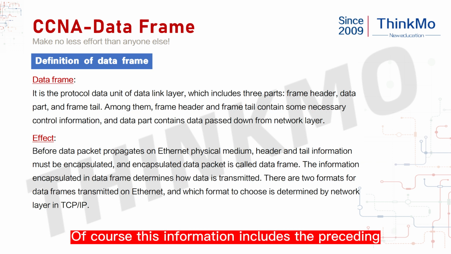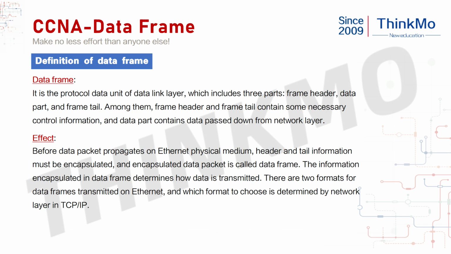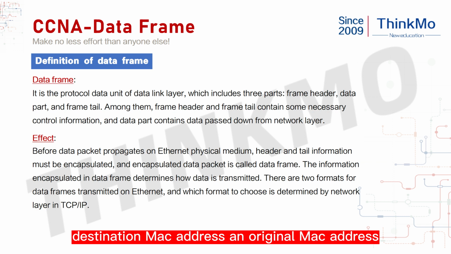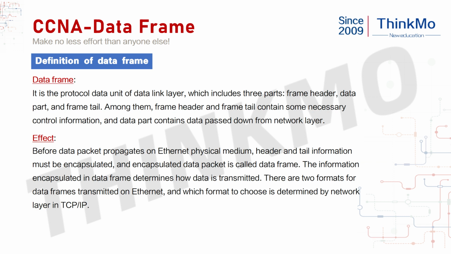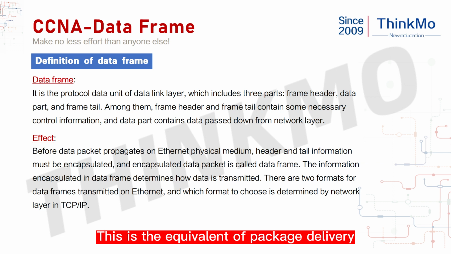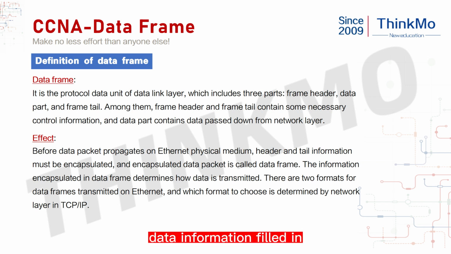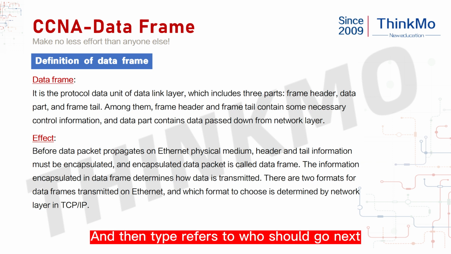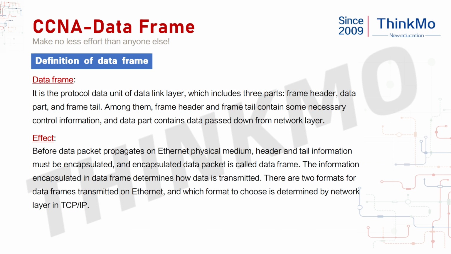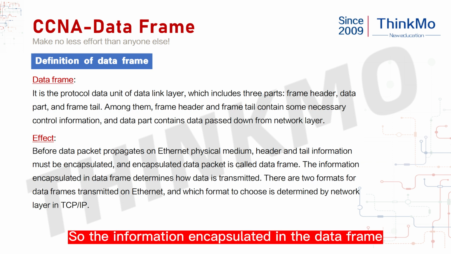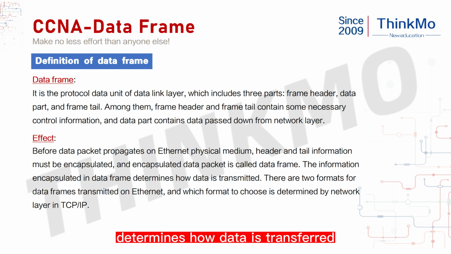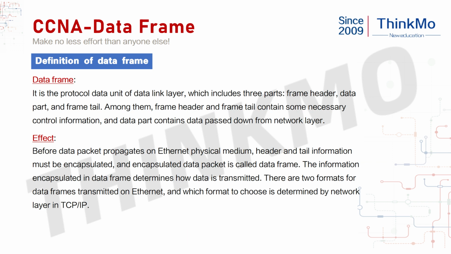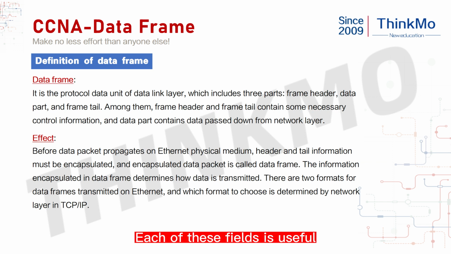Of course, this information includes the preceding destination MAC address and source MAC address. This is the equivalent of package delivery. Data information is filled in. And then type refers to who should go next. So the information encapsulated in the data frame determines how and where data is transferred. Each of these fields is useful.